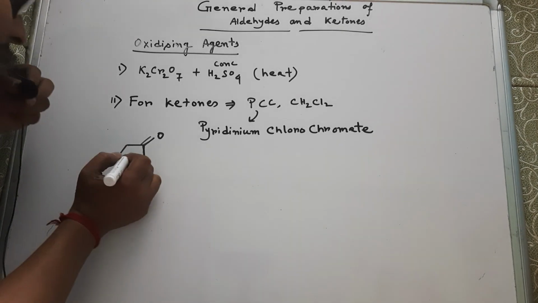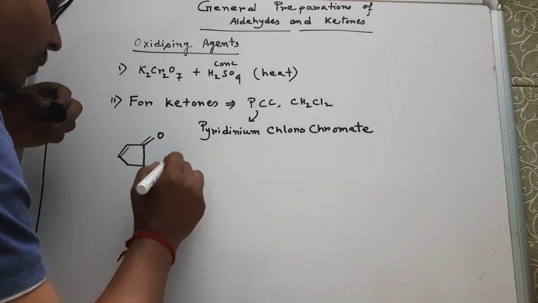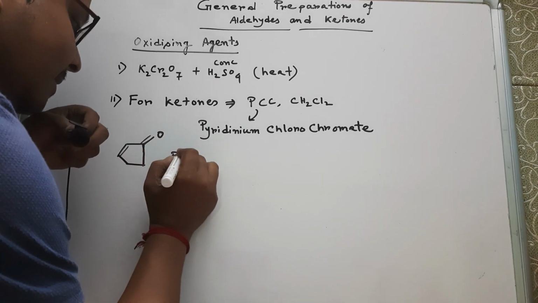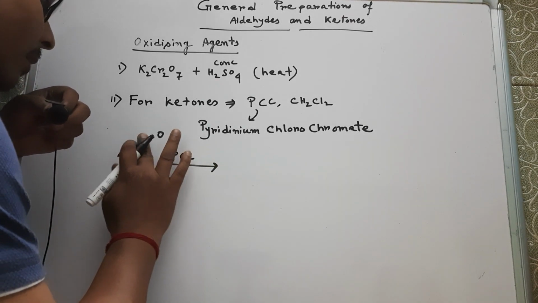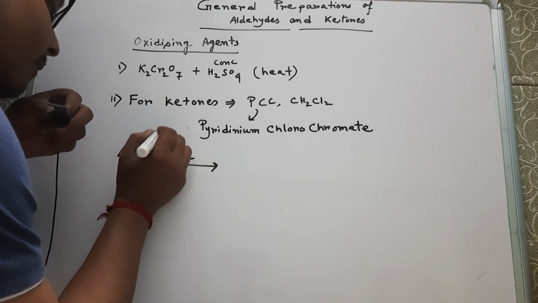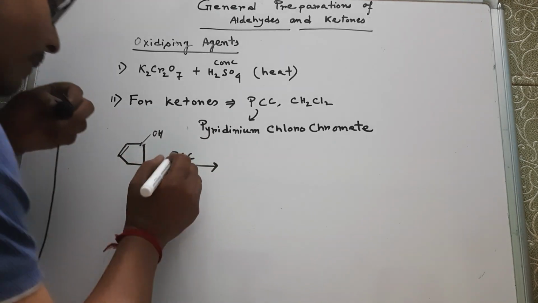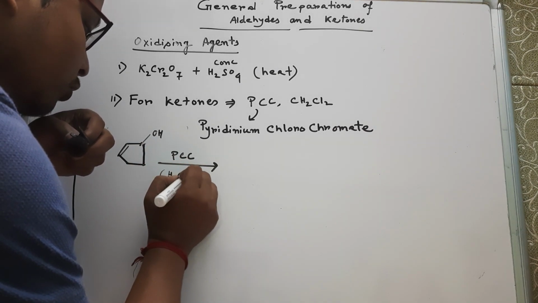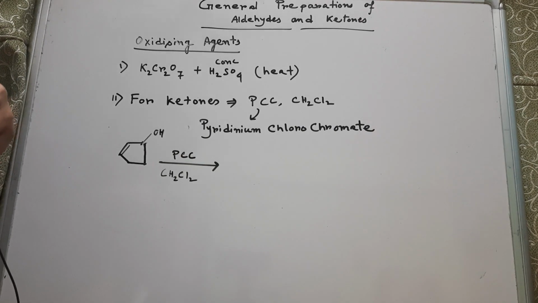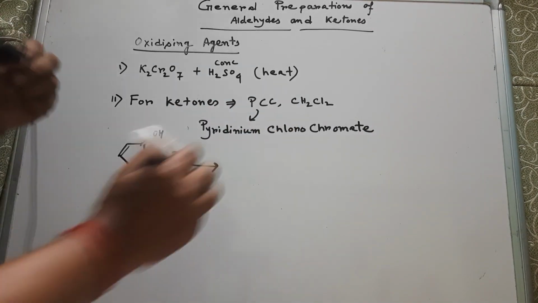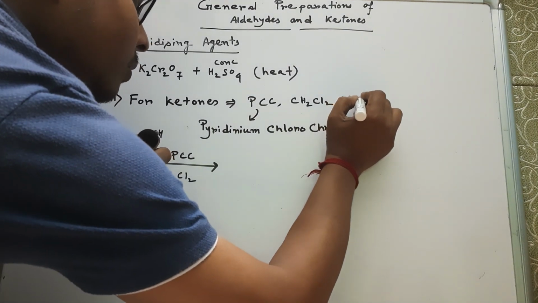Okay. If you get this kind of ketone, then if you apply PCC, sorry, this is the alcohol, a secondary alcohol. If you use PCC in CH2Cl2, this is dichloromethane.